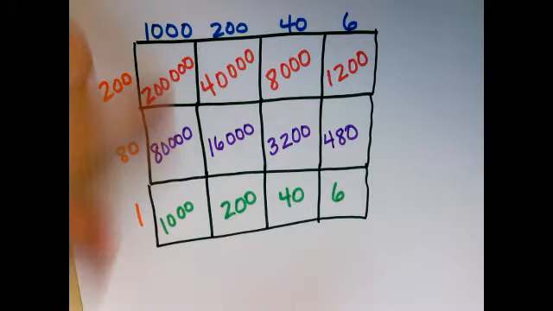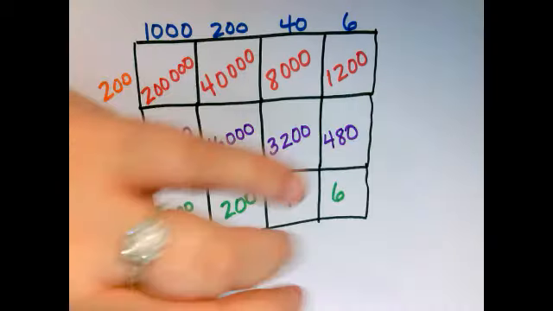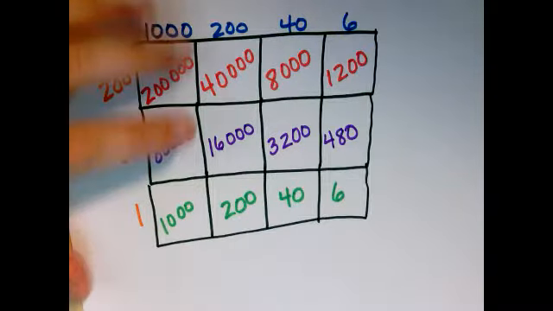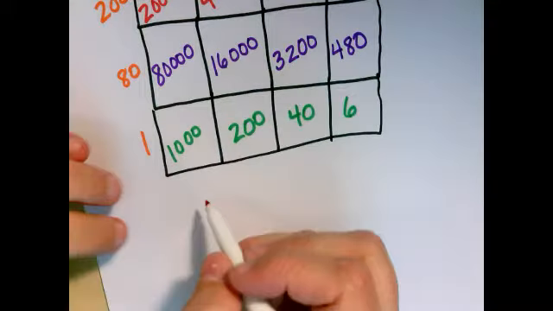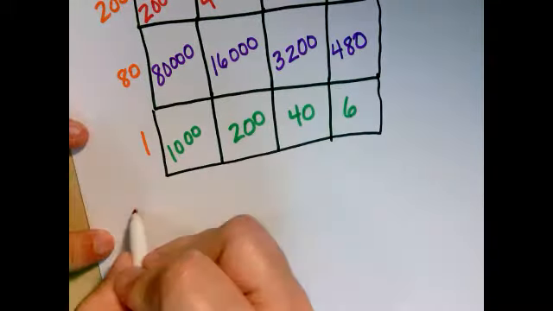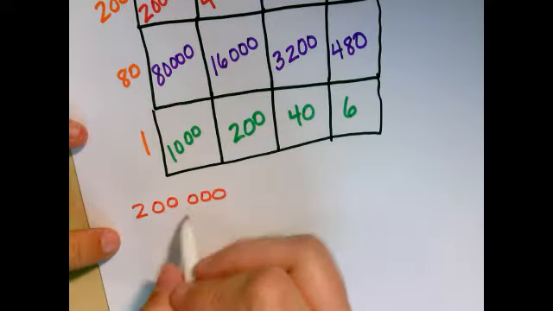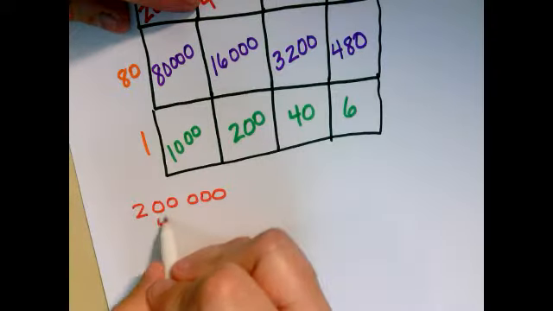You could add by column or you could add by row. Completely up to you. Although I will say students need to be very careful as they're doing this and make sure they're keeping place values grouped together. So I'm going to go down here and I'm going to add across. I'm going to add in rows by color.